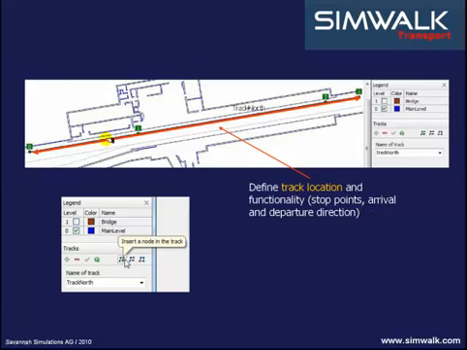So for example, a train may arrive from node 0, stop at node 1 and leave in direction 2. A track can have any shape. You may insert or delete nodes as you wish.